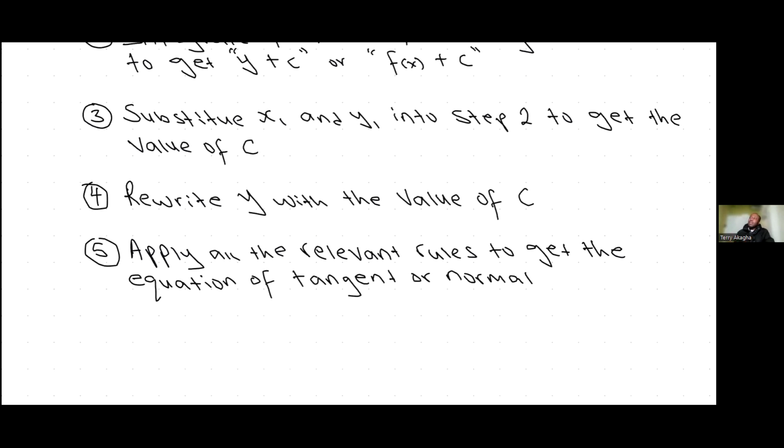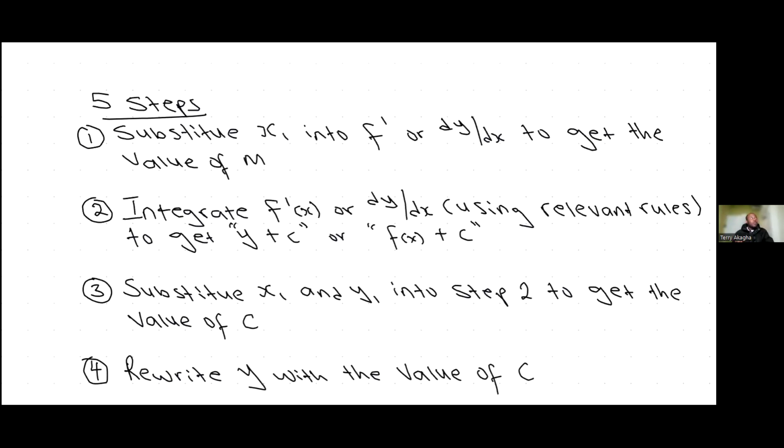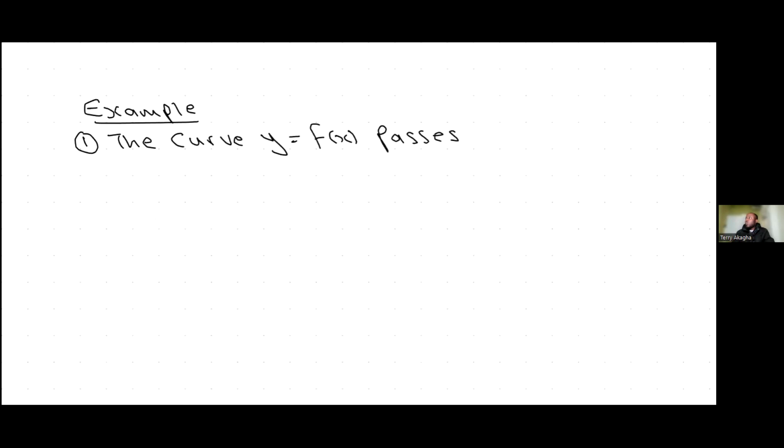Let's solve. I'm going to solve two examples for this. What I'm going to do is try as much as possible to combine both equation of tangent and normal together. So let's pick this example here. Number one, they said the curve y is equal to f of x passes through (-1, 4), given f prime x.